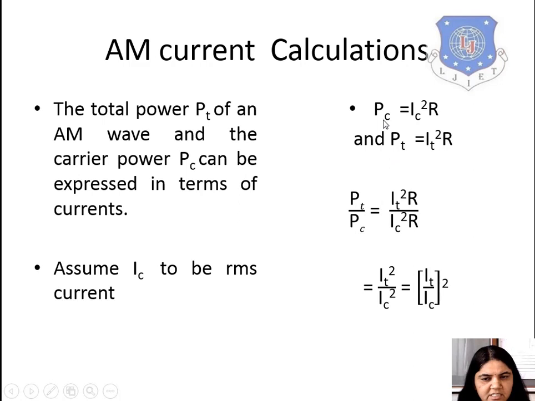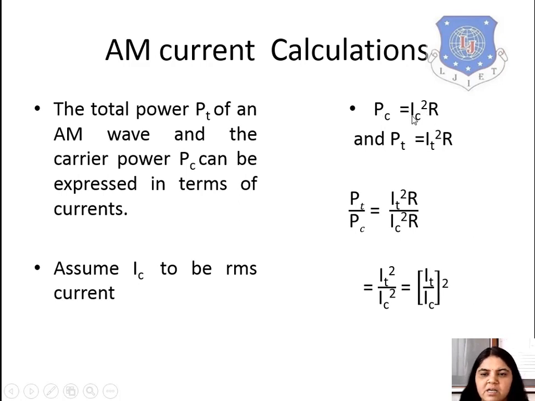So now what is PC? P is equal to I square R, so PC is equal to I square R. In the AM power calculations we wrote the equations in terms of voltage; here it is in terms of current.